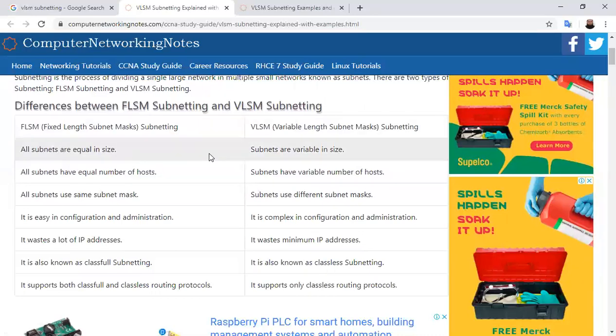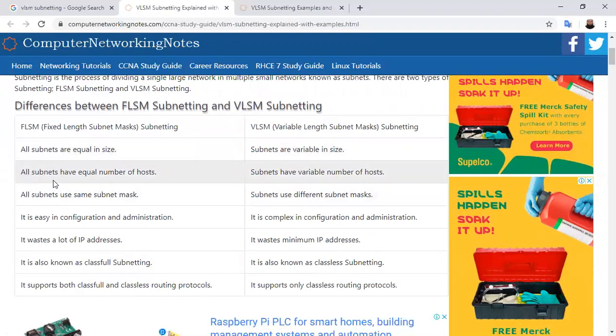But in VLSM, subnets are variable in size. Here, all the subnets are not equal in size. One subnet is 0, another subnet could be 64, another could be 8, another could be 128. Inshallah, gradually we will check.